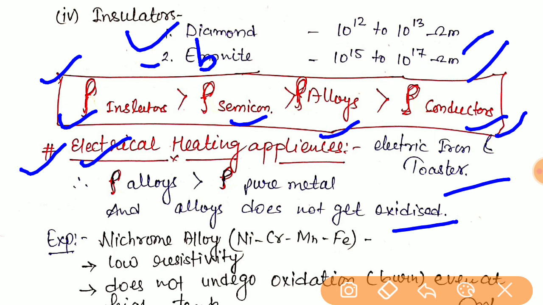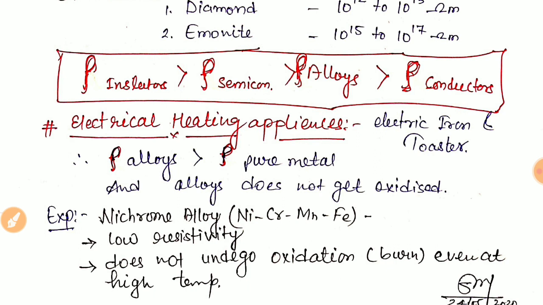It means it doesn't burn in the presence of oxygen, and it also works safely at a very high temperature. So here we use nichrome alloy. Nichrome alloy has high resistivity and does not undergo oxidation even at a high temperature.